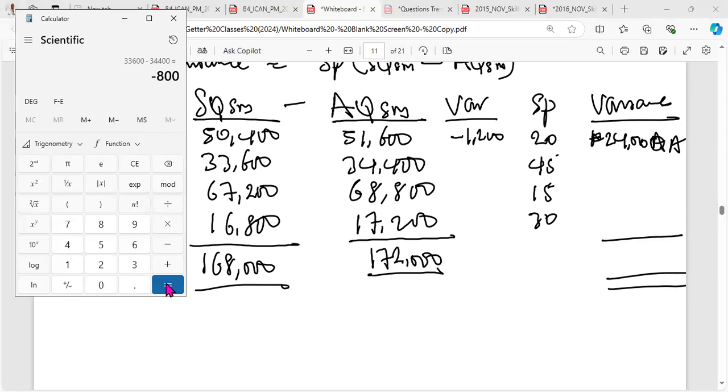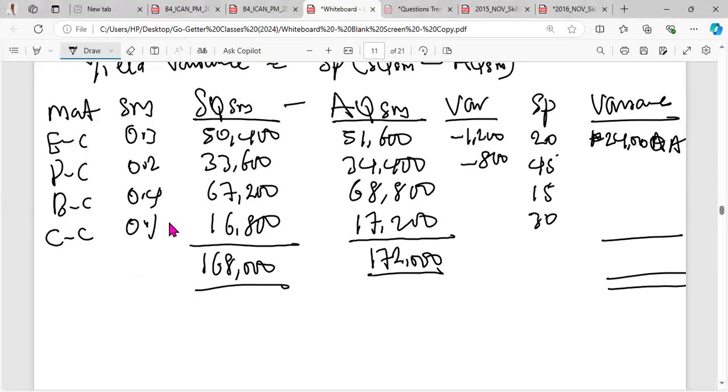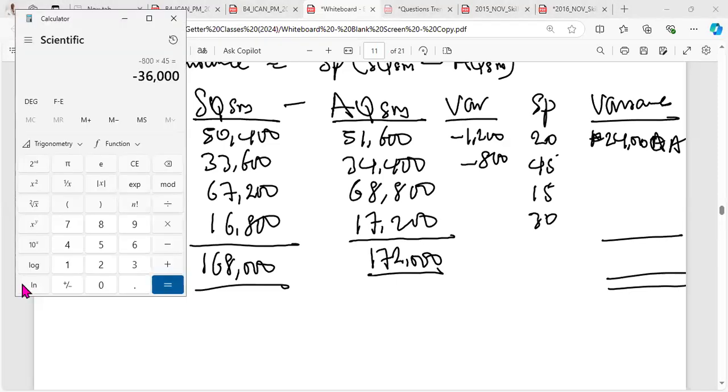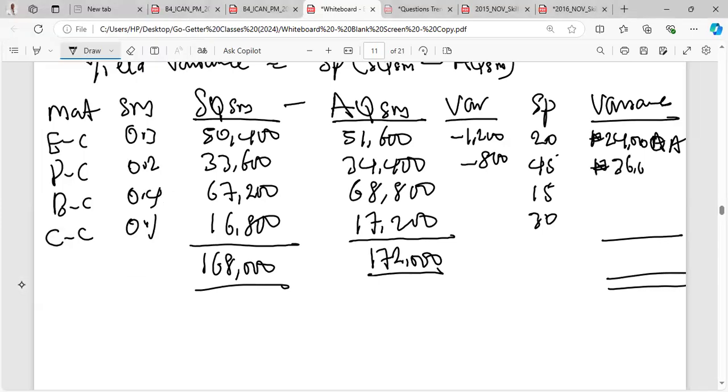So minus 800 multiplied by 45 gives me 36,000 adverse.